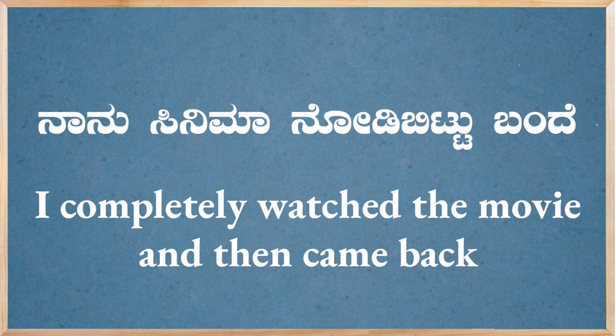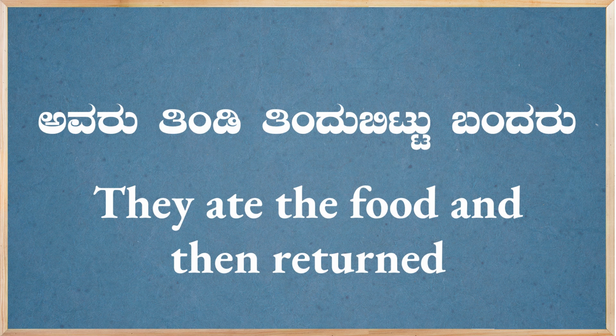This can add emphasis to an action or sometimes be used without any particular meaning. It's just a common linguistic feature in Kannada. Let's look at some examples. Nanu cinema nodi bittu bande. I watched the movie and then came back. Avaru tindi tindu bittu bandaru.